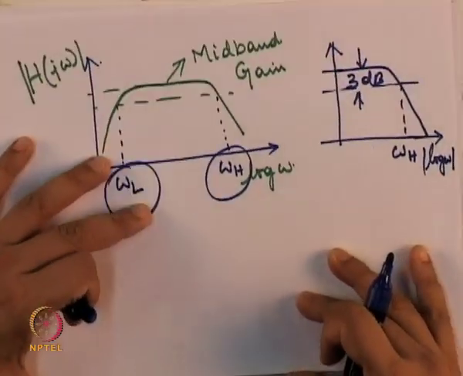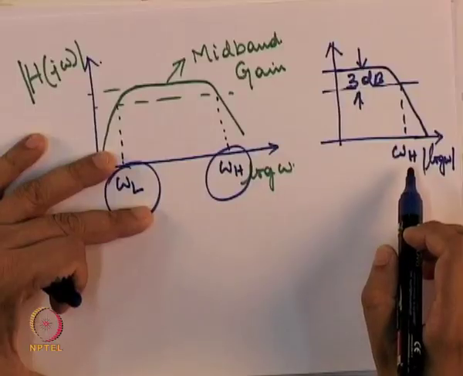So omega h once again is given like this. It is the upper 3 dB frequency.